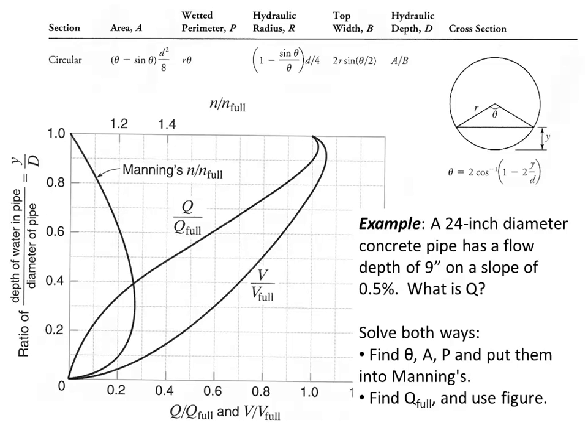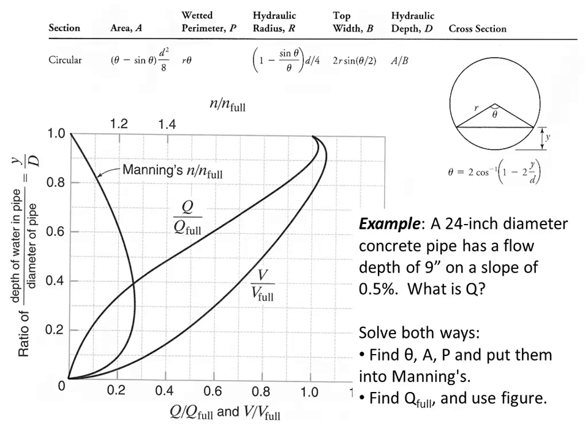So again, we find this point on the y-axis of the chart, 0.375, we go over, and now we're looking at this Manning's chart, up, not down, because the top y-axis is where it refers to the n to the n full.